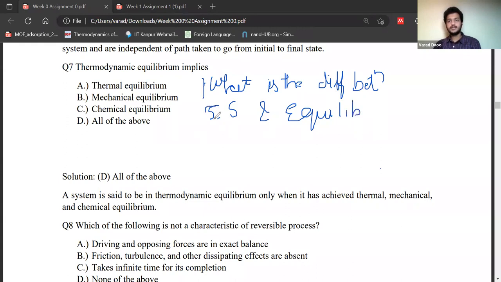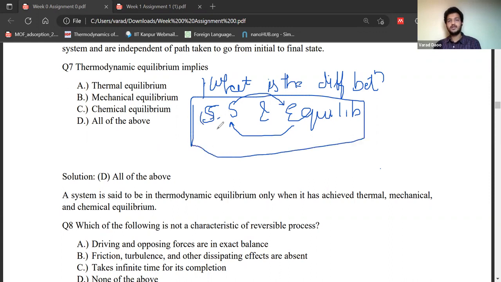Does the steady state imply equilibrium, or equilibrium implies steady state, or what is the relation between them and what is the difference between them? If you have taken an undergraduate course on heat transfer and mass transfer, there we say steady state. And in thermodynamics, we always deal with equilibrium.